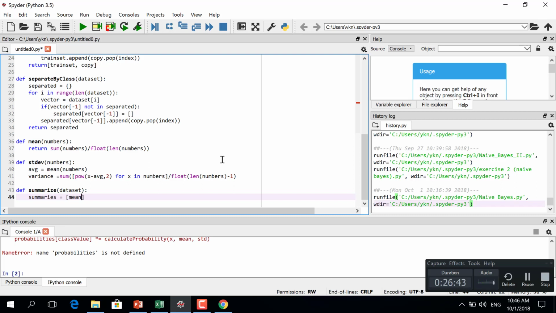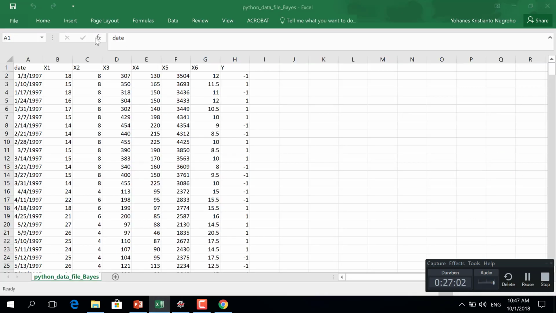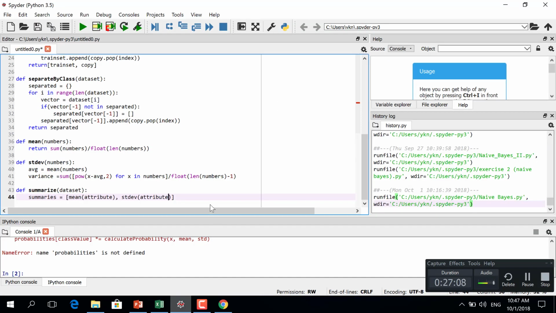So we can put here the mean of the attribute and the standard deviation of the attribute. Attributes are the features that we would like to compute: x1 is attribute number 1, x2 attribute number 2, x3 attribute number 3, and so on.